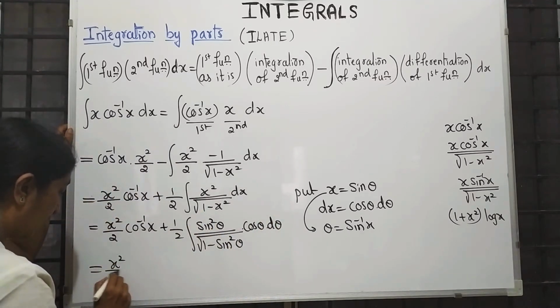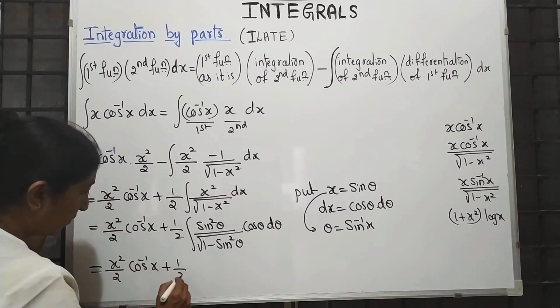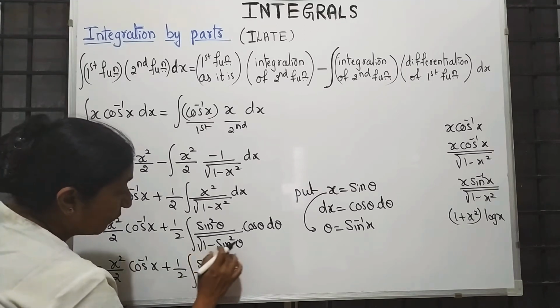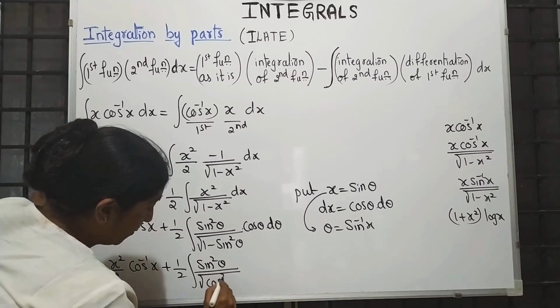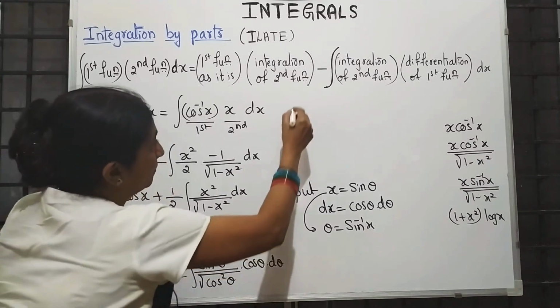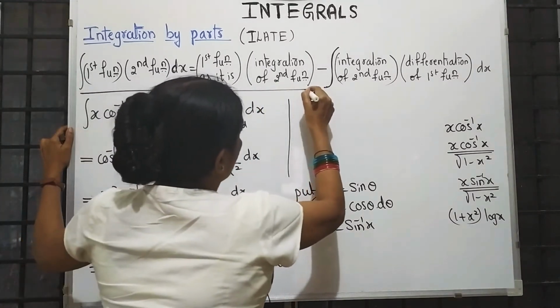This is x square by 2 cos inverse x plus 1 by 2 sin square theta, and you are familiar with the identity: 1 minus sin square theta is cos square theta, into cos theta d theta. And I am keeping the formula as it is, that is very important.